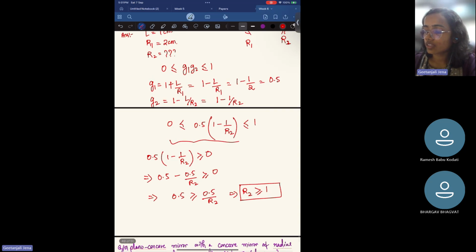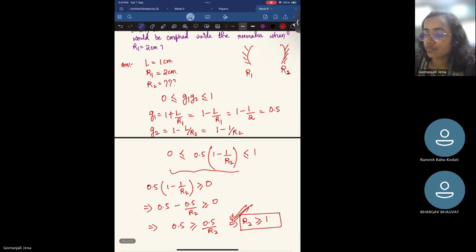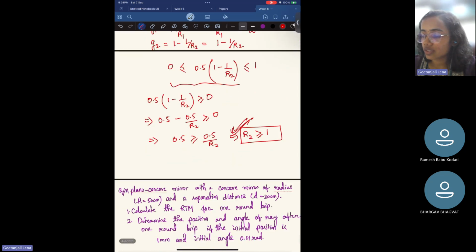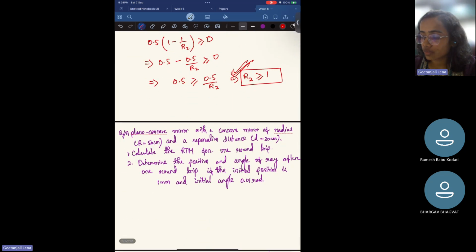So for values greater than or equal to 1 centimeter, we'll have rays confined inside the resonator. Okay, so this is the condition that we have to get. So this is all about this problem. Now let us move to the next one.